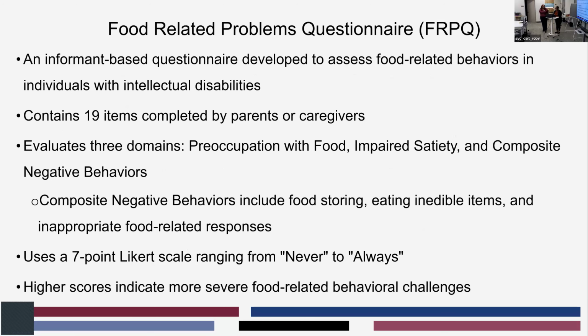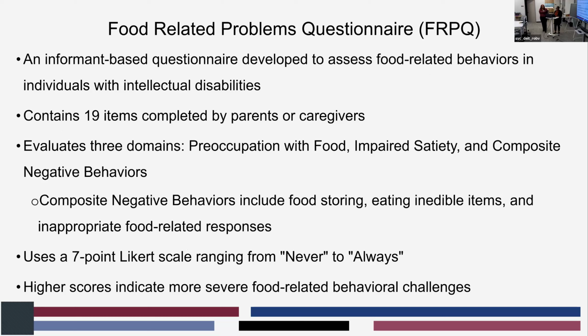So, the food-related problem questionnaire, which is FRPQ. FRPQ is a caregiver report assessment tool used to measure food-related behaviors in individuals with intellectual disabilities. This questionnaire consists of 19 items completed by a patient or caregiver. It is designed to be appropriate for both verbal and nonverbal individuals, allowing researchers to evaluate eating behaviors across diverse populations.